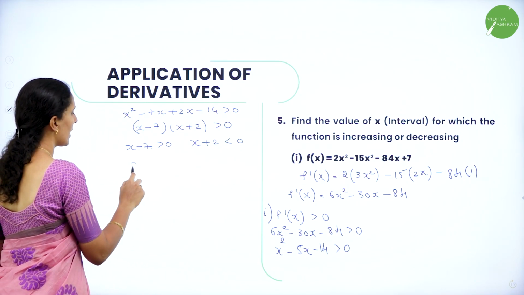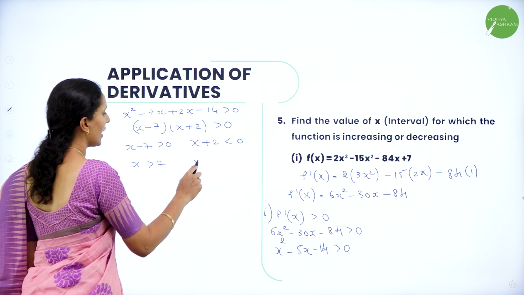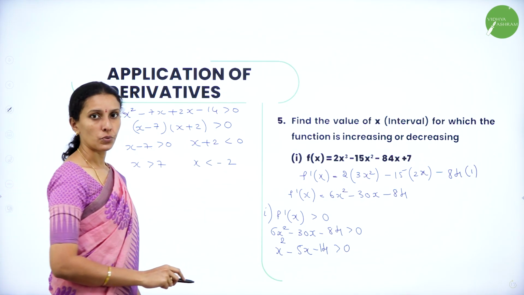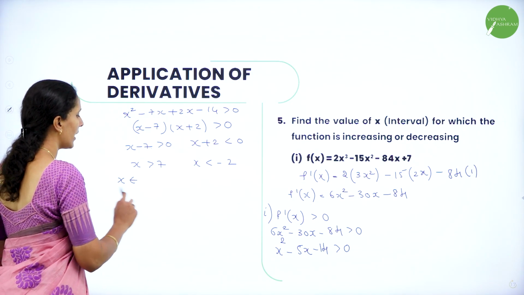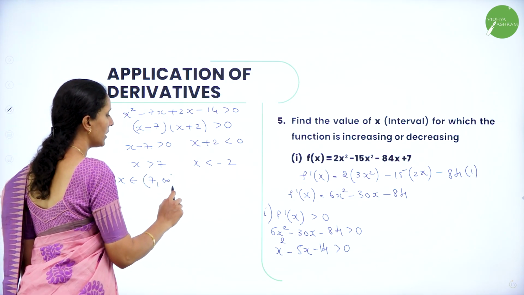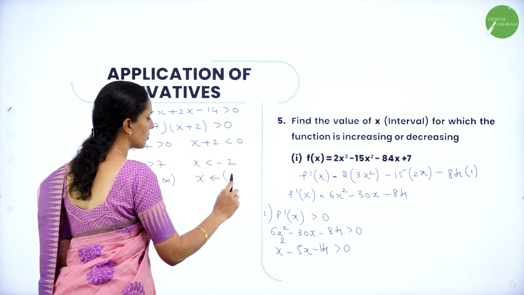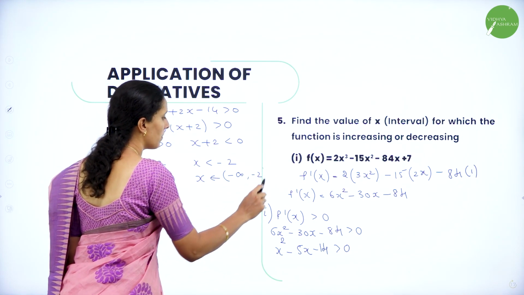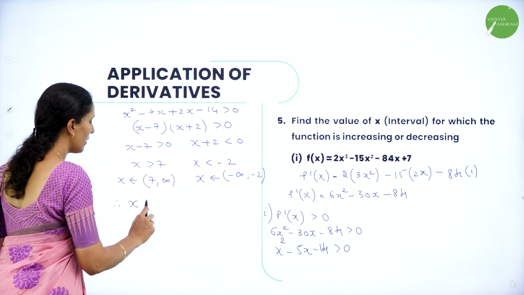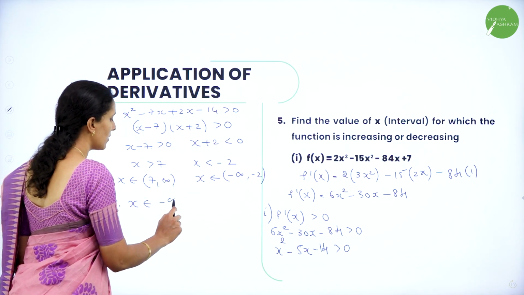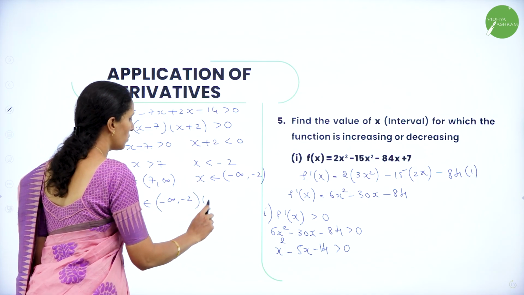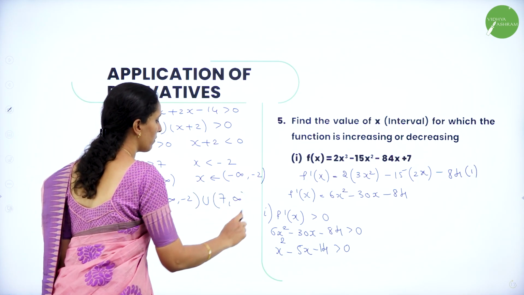So this means x greater than 7, x less than minus 2. Therefore, x belongs to the interval 7 comma infinity and x belongs to the interval minus infinity comma minus 2. So the given function is increasing in the interval minus infinity comma minus 2 union 7 comma infinity.